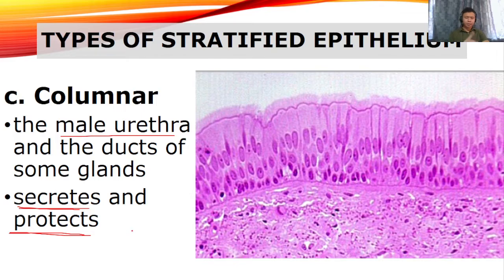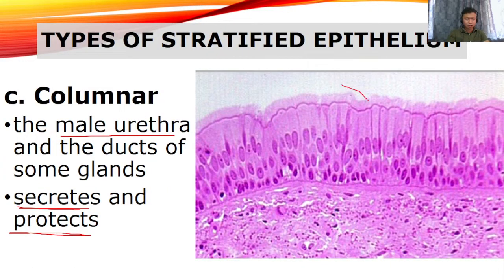Okay, so that's a columnar structure there, as what you noticed, having the tall shaped cells, elongated appearance, okay, having a rectangular structure.